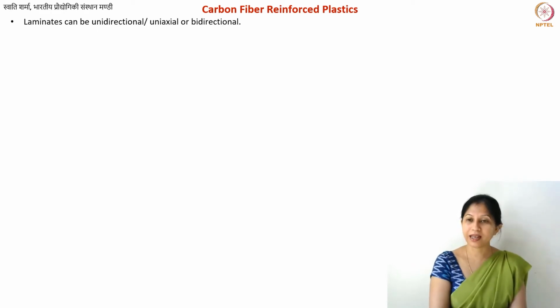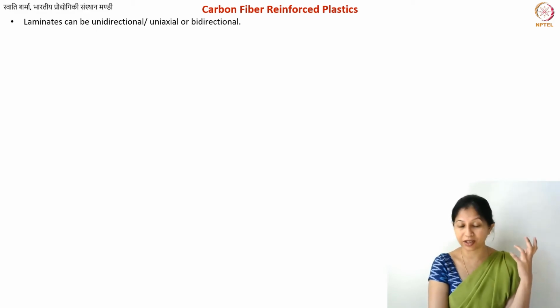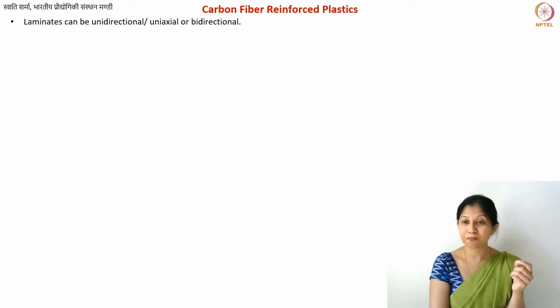So the interface between your resin and carbon fiber becomes very important. You want to make sure that there is no air trapped, and that you have a good adhesion between the two components. That is where a lot of research is moving, where you understand the properties of the interface of these resins and carbon fibers or any other carbon material.